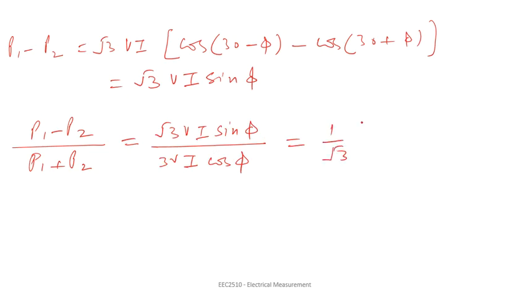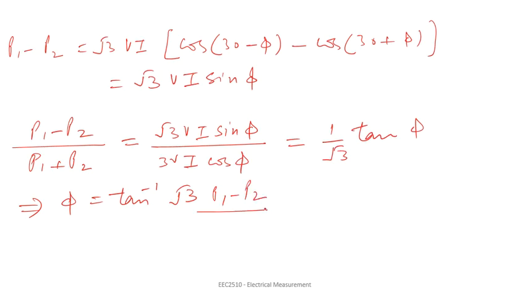So this would be 1 by root 3 tan phi, or phi will be equal to tan inverse of root 3 times P1 minus P2 over P1 plus P2. So if you have to calculate the power factor, obviously the power factor will be the cos of this angle phi.